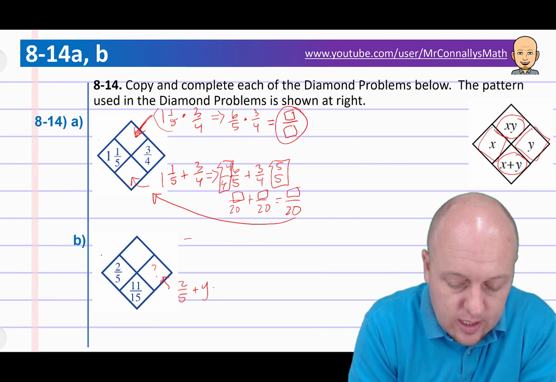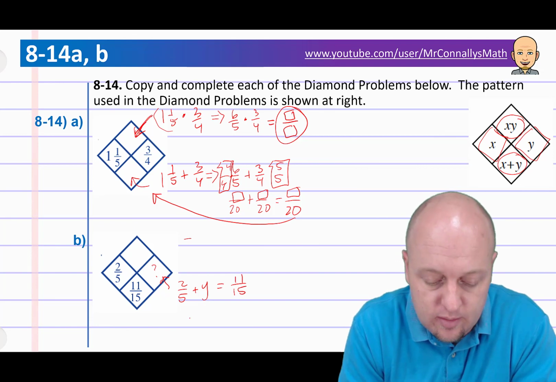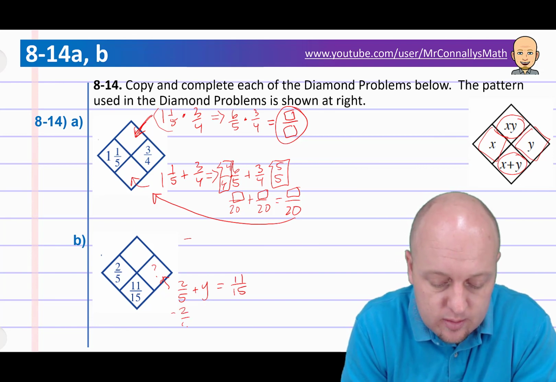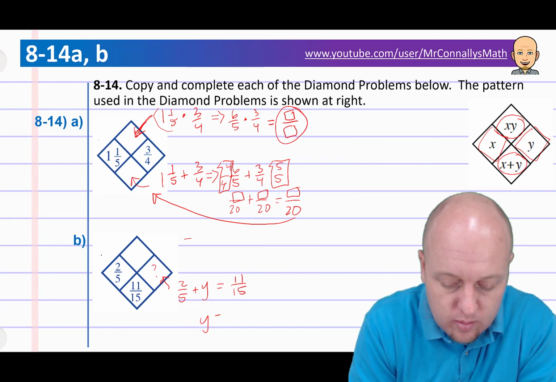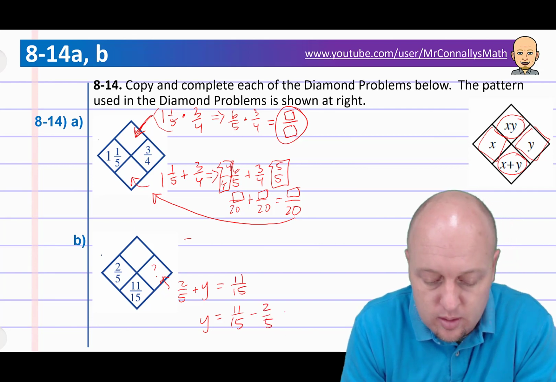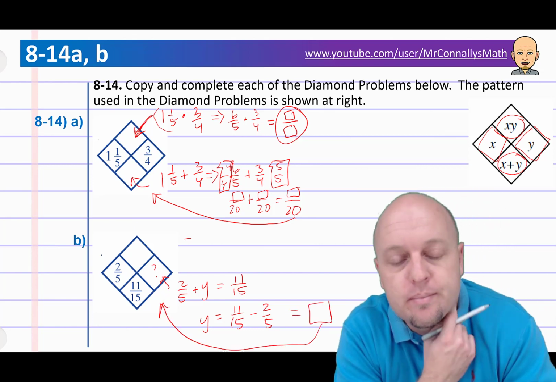So to get y by itself, that means we subtract 2/5. So y would equal 11/15 minus 2/5. Okay, so find a common denominator and find that answer, so you can put it in there.